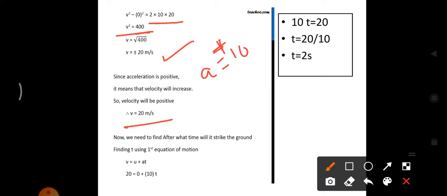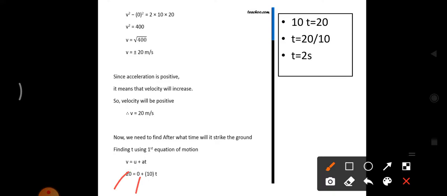Now we need to find the time t. So you have to take the first equation of motion, v equal to u plus at. The value of v is 20, the value of u is 0, the value of a is 10 and t you have to calculate.